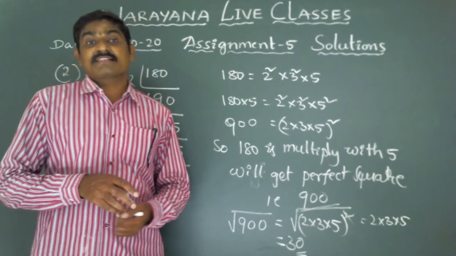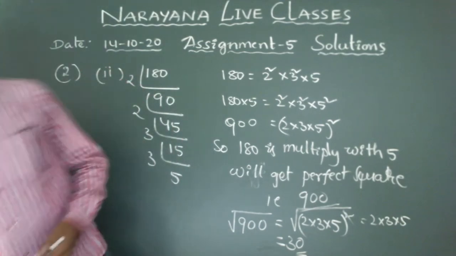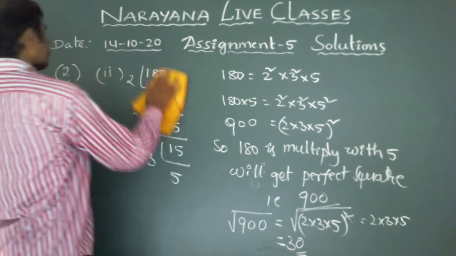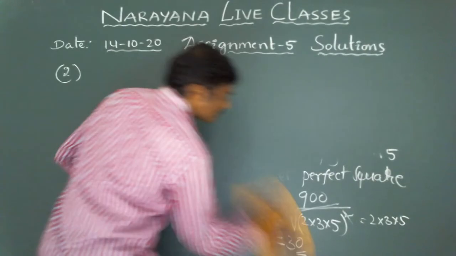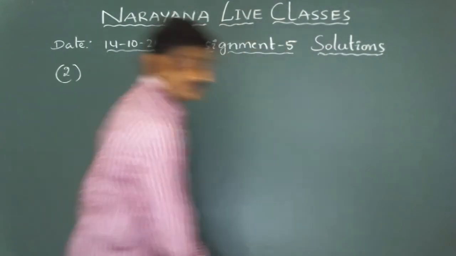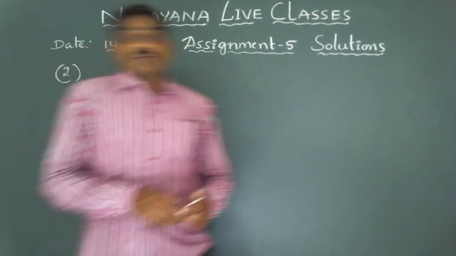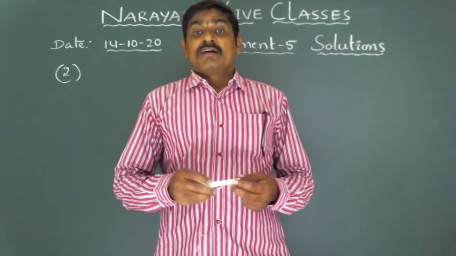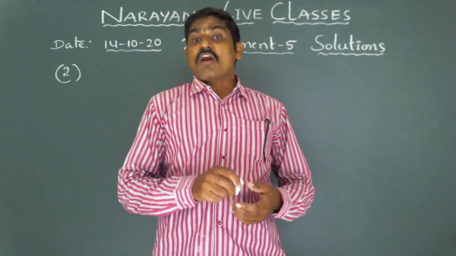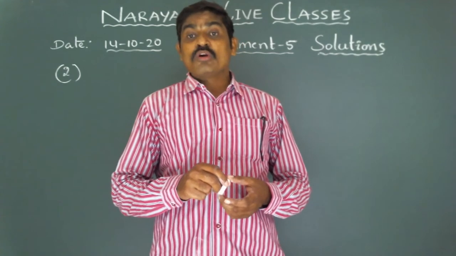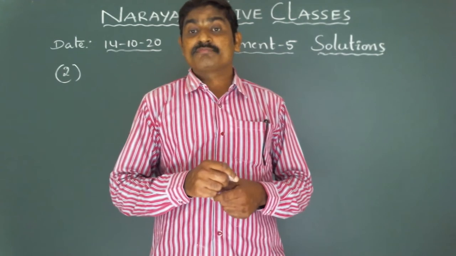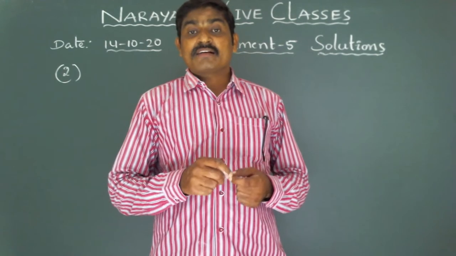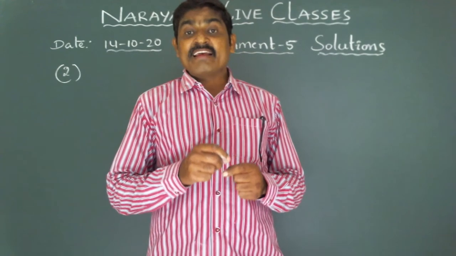Okay, so this is the second one. Let us move on to the third one. The students of class 8 of a school collected 2401 rupees in all for the Prime Minister National Relief Fund.